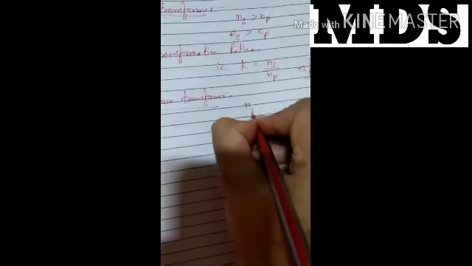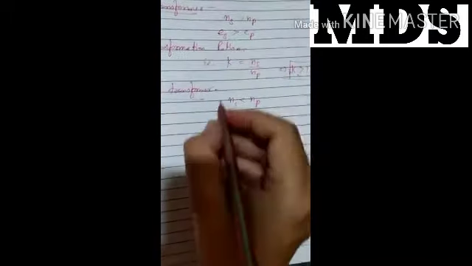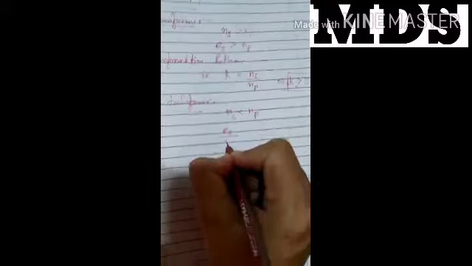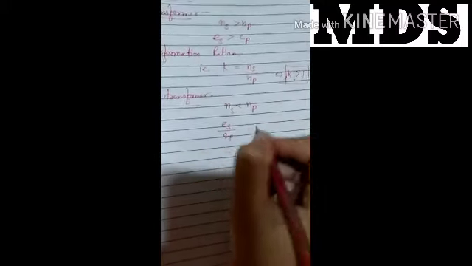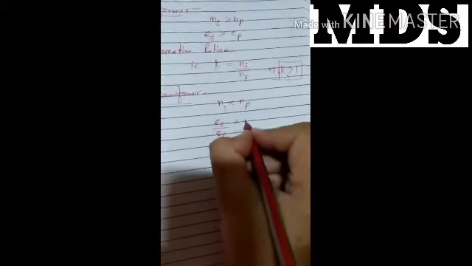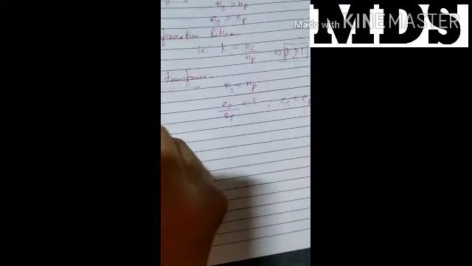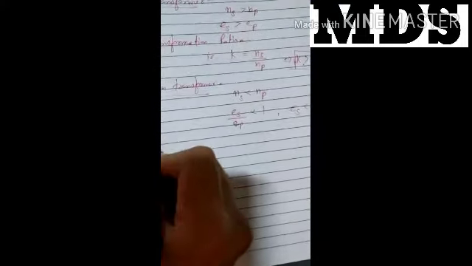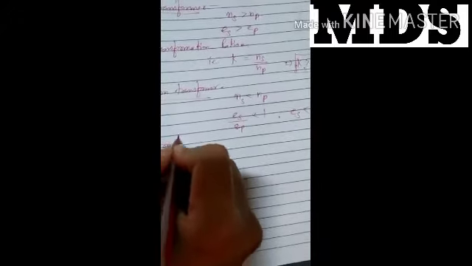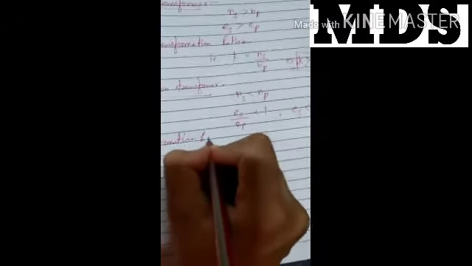Now step down transformer. In a step down transformer, NS is less than NP, that means the number of turns in the secondary coil is less than in the primary coil. Then the induced EMF in the secondary is less than in the primary. So the transformation ratio will be the opposite of the step up transformer.